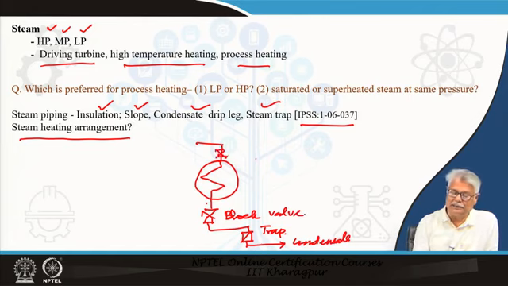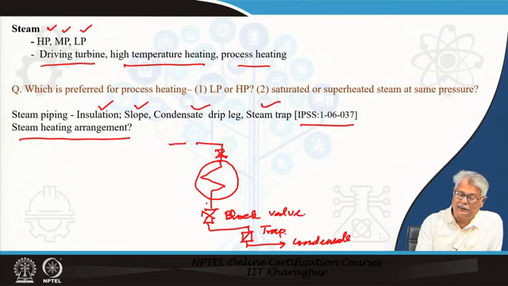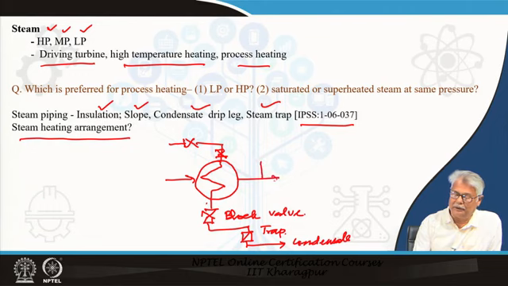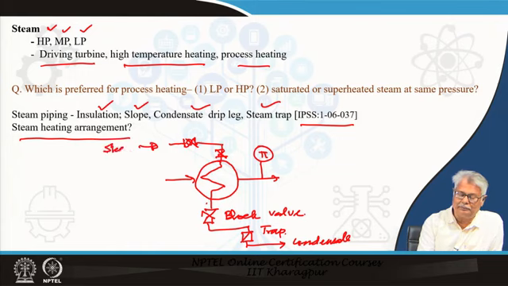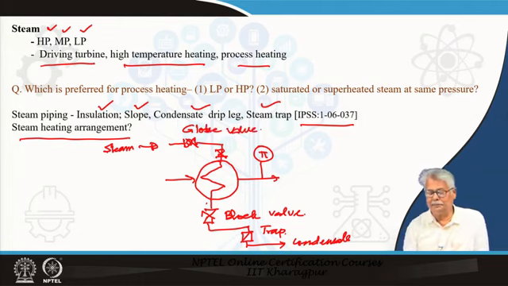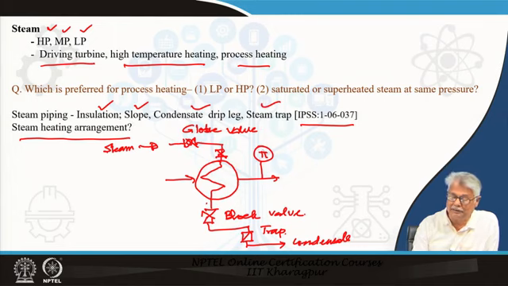The same thing will be there upstream, but possibly in order to regulate the temperature of whatever is getting heated from here, you require a temperature indicator here, and how much heat will be going will be regulated by the inflow of steam through a globe valve. So, this is typically what you find here.